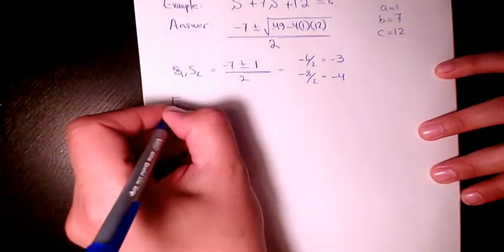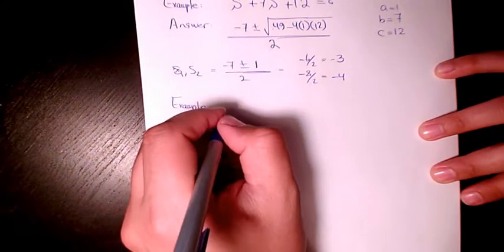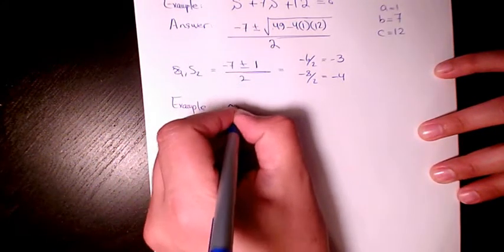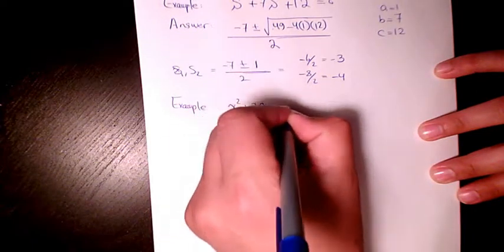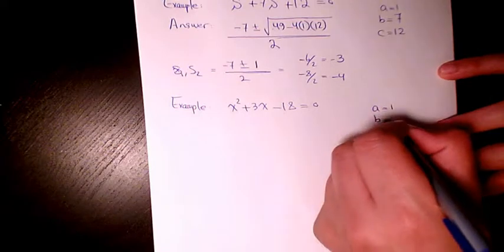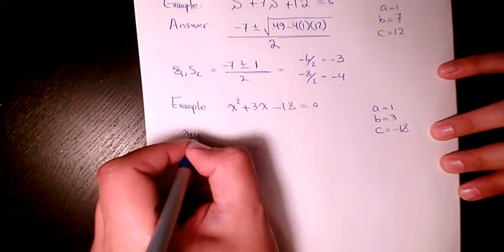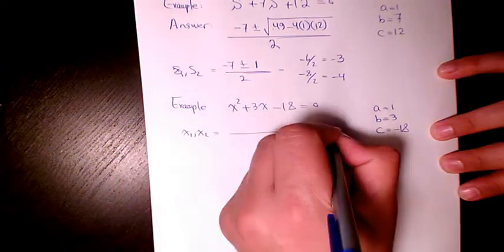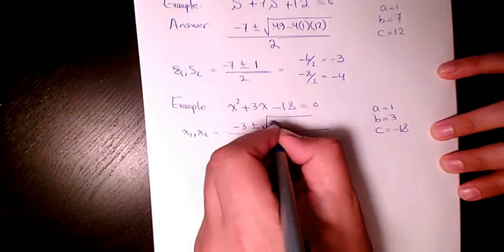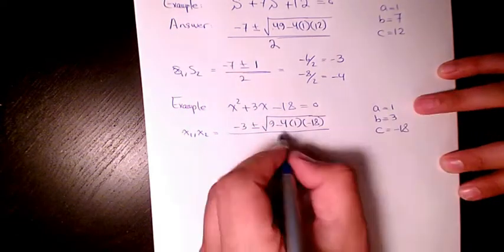Next example. We have x squared plus 3x minus 18 equals 0. A is 1, b is 3, c is negative 18. x1 and x2 are negative b plus minus square root of b squared, 9, minus 4 times 1 times negative 18, divided by 2a, which is 2.